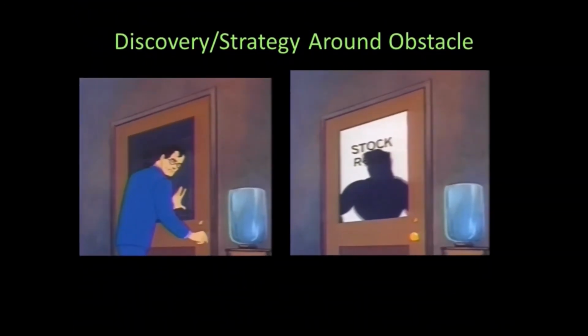Protagonists then have discoveries or new strategies to overcome complications. The discovery that helps Superman overcome the current obstacle is an empty stockroom where Clark Kent can change into Superman completely unnoticed. Lucky for him.